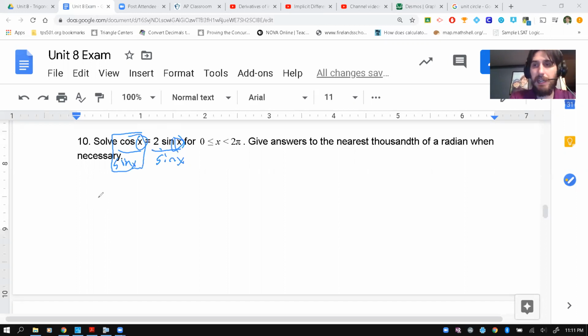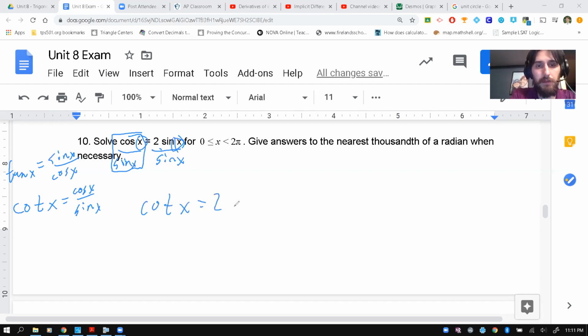Cosine divided by sine, well, that's just cotangent, right? Tangent is sine over cosine. Cotangent is cosine over sine. So I could really simplify this problem. That just becomes the cotangent of x is equal to 2.